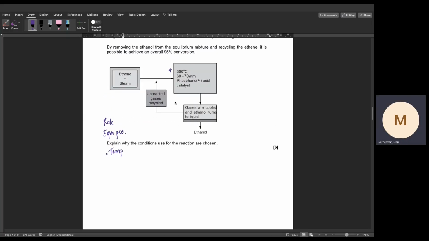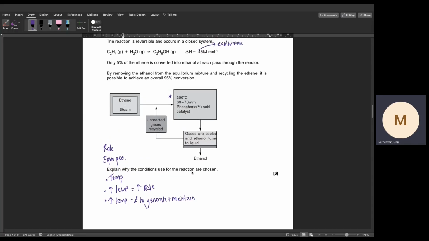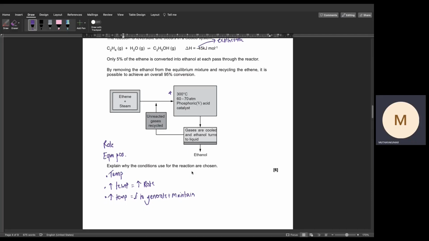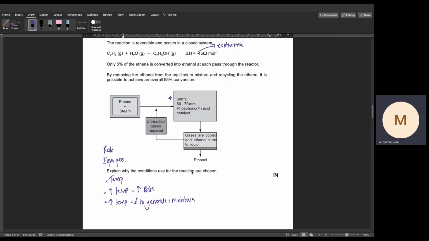So temperature, if we talk about rate, increasing the temperature will increase the rate of reaction. However, higher temperatures will be expensive to maintain, and it will be expensive to generate as well. Next, we need to talk about the effect of temperature on the equilibrium position. So we've already looked at delta H. Delta H tells us the energy associated with the reaction.